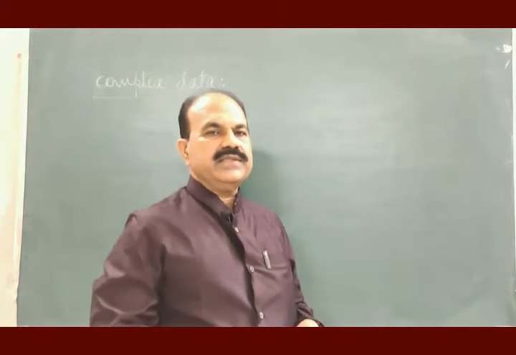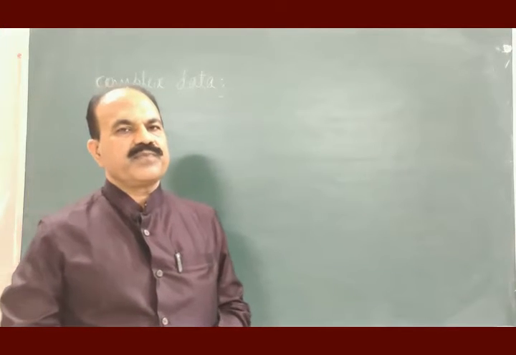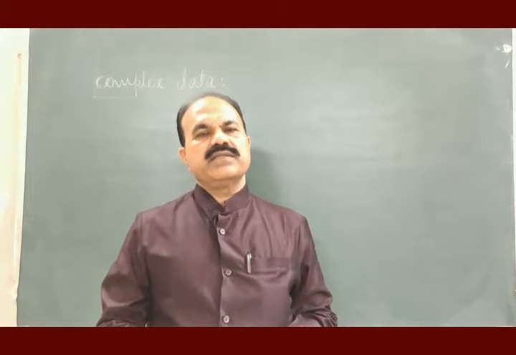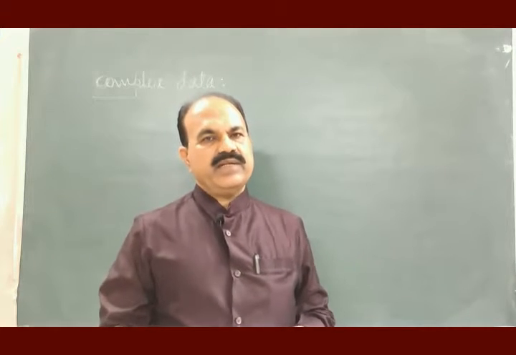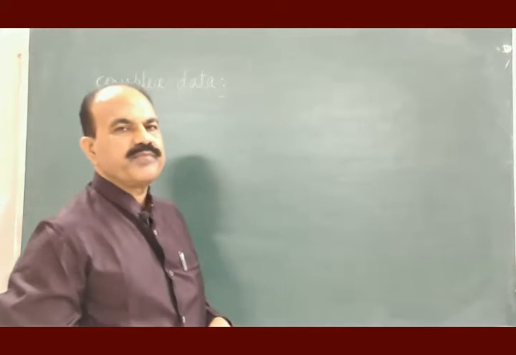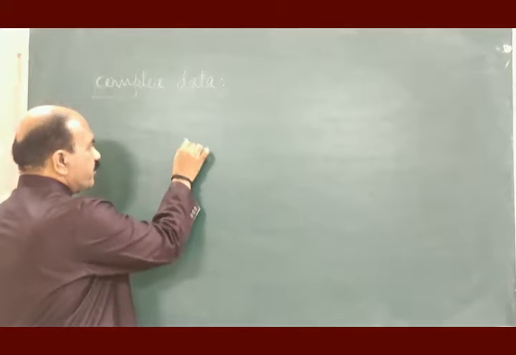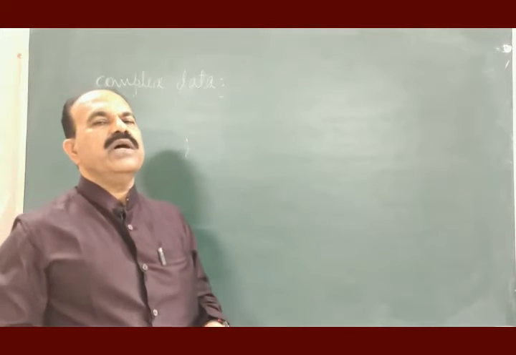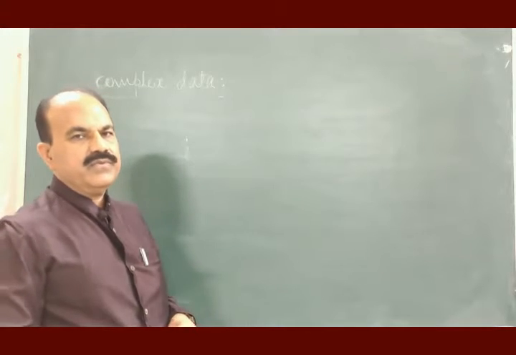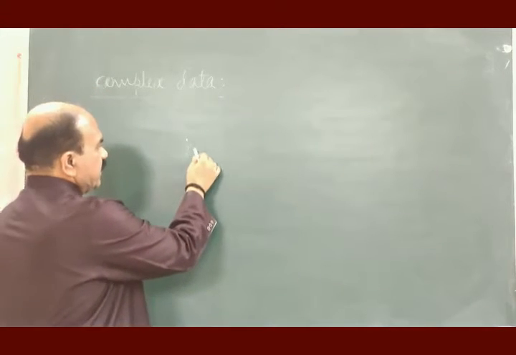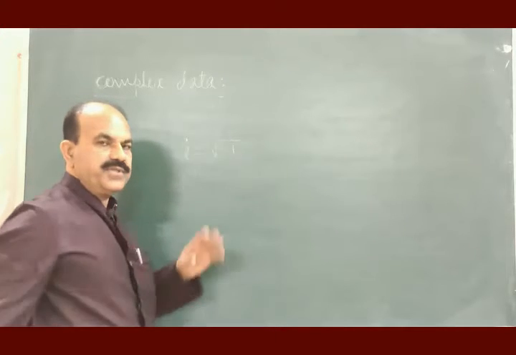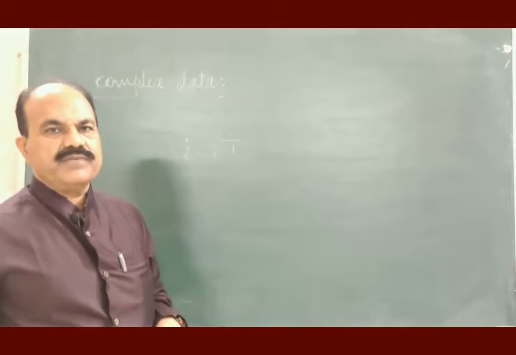We know that a complex number has two parts, real part and imaginary part. A complex number is recognized when it contains a letter I. We know that the value of I is square root of -1.